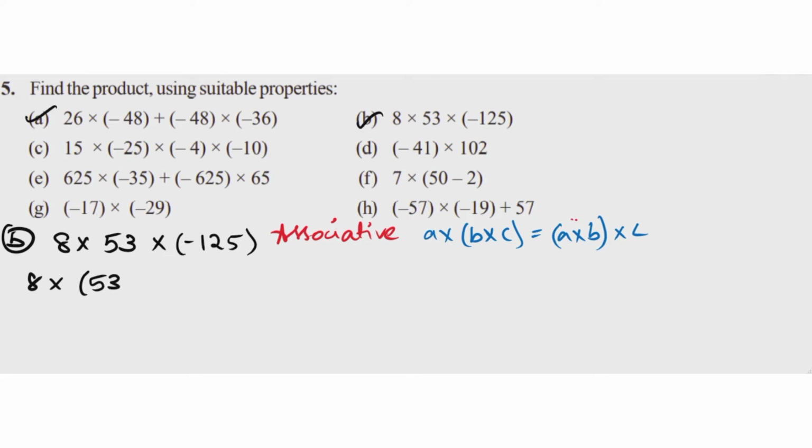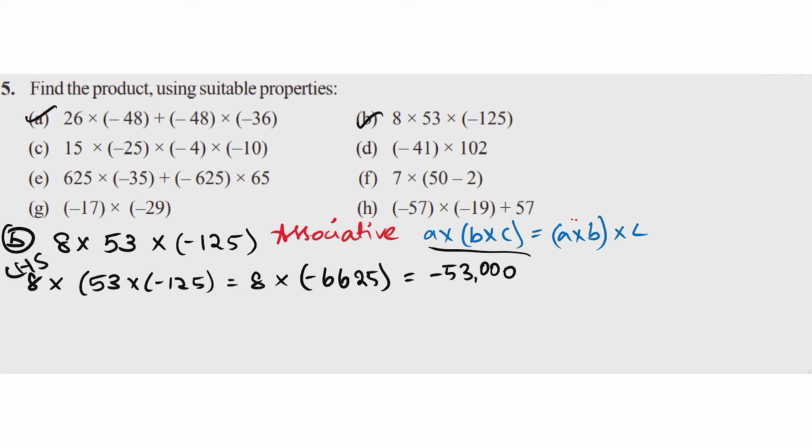First, 8 multiplied by, I am just grouping 53 multiplied by minus 125. If I multiply this, I get minus 53,000. So we got our LHS.